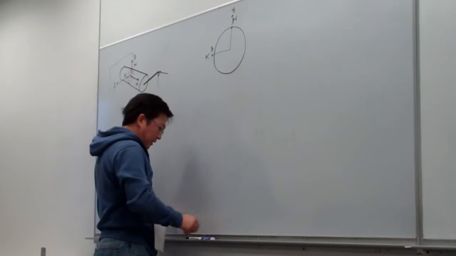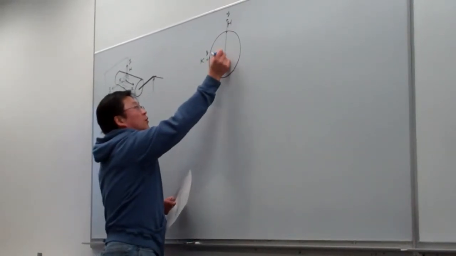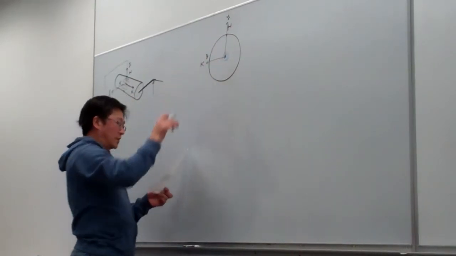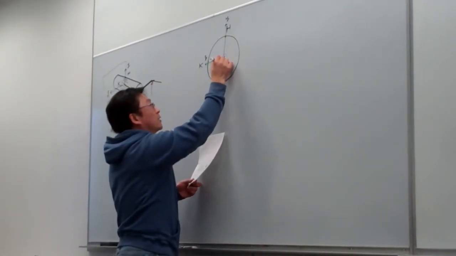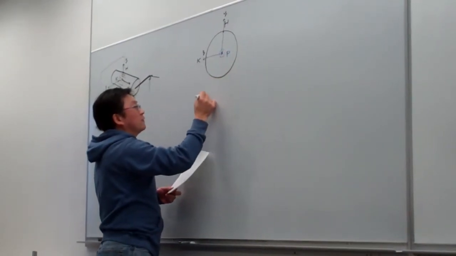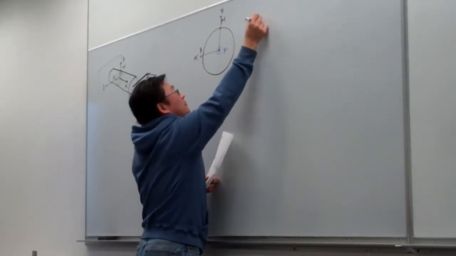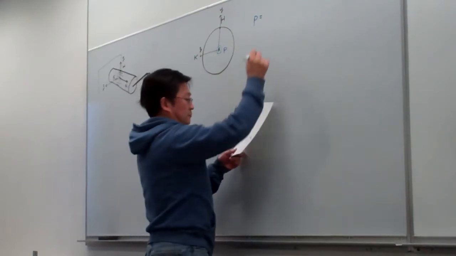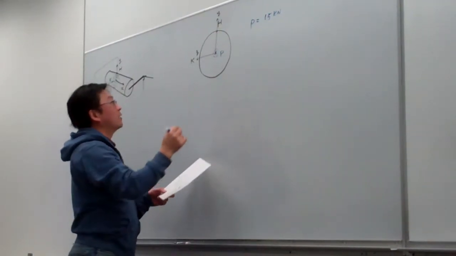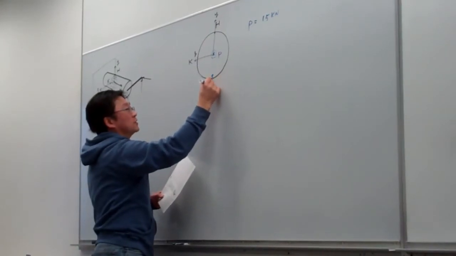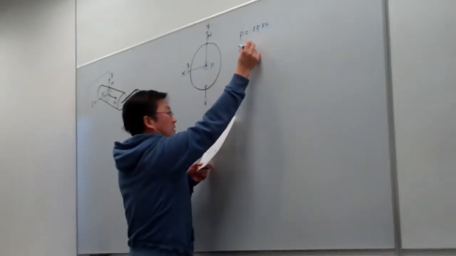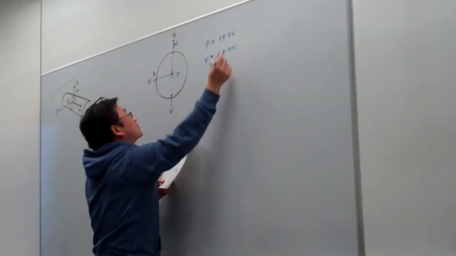The first one is the normal loading, which is going into the cross section. I'm using P, and the value of P equals 15 kilonewtons. Then we have transverse loading, which is parallel to the cross section, and we use V, and that is 18 kilonewtons.